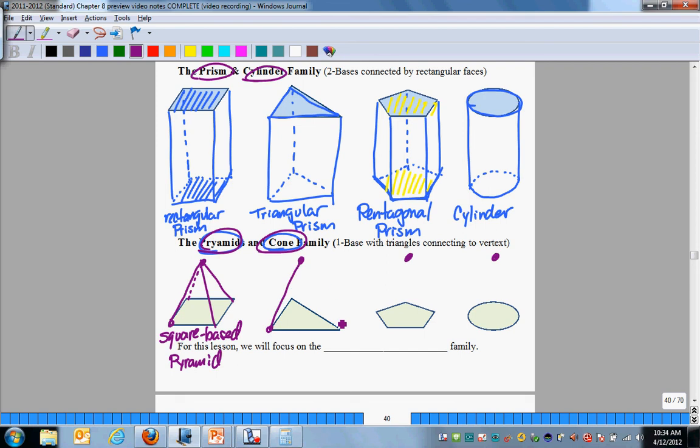Corner to vertex. This would be a triangular pyramid. This one, connect corner to vertex.